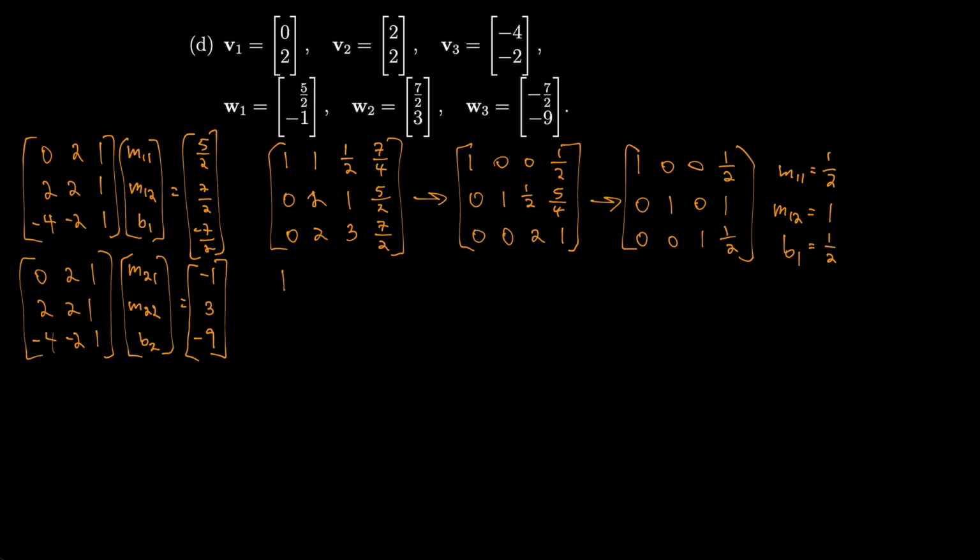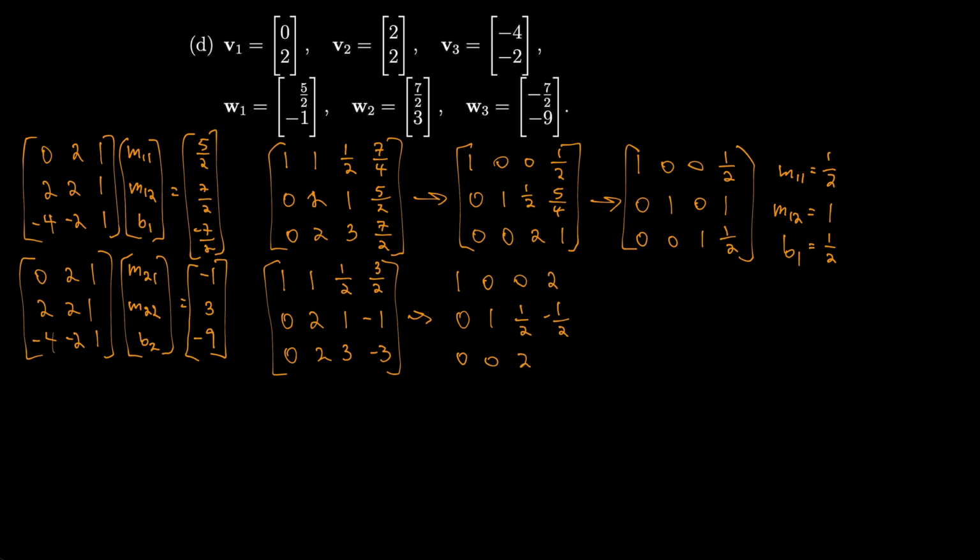For the second augmented matrix, we get 1, 1 half, 3 halves, 0, 2, 1, minus 1, 0, 2, 3, minus 3, which becomes 1, 0, 0, 2, 0, 1 half, minus half, 0, 0, 2, minus 2.